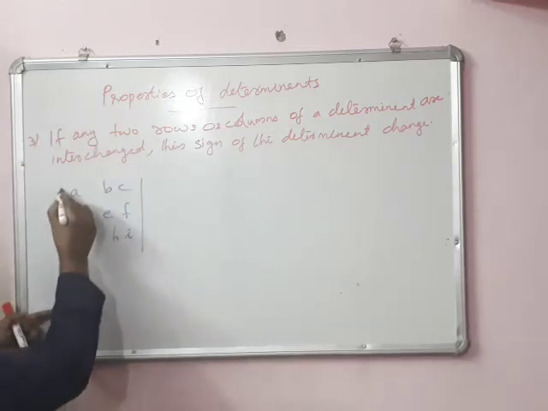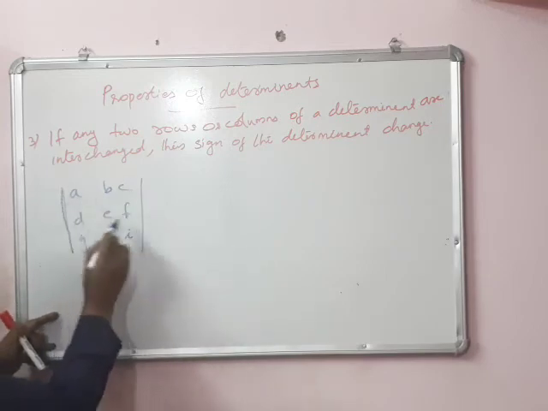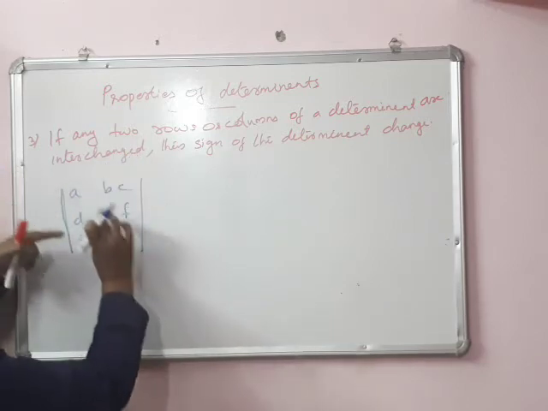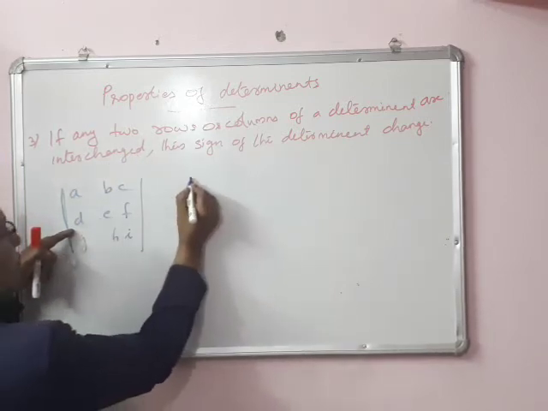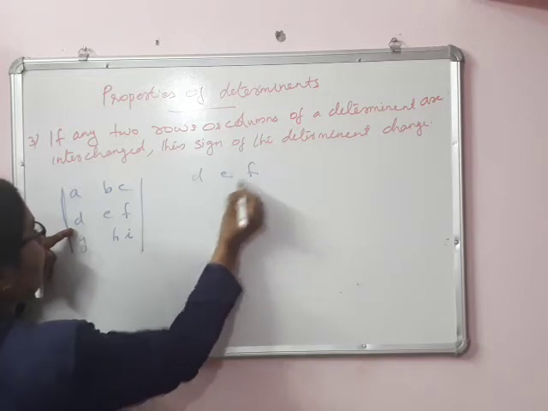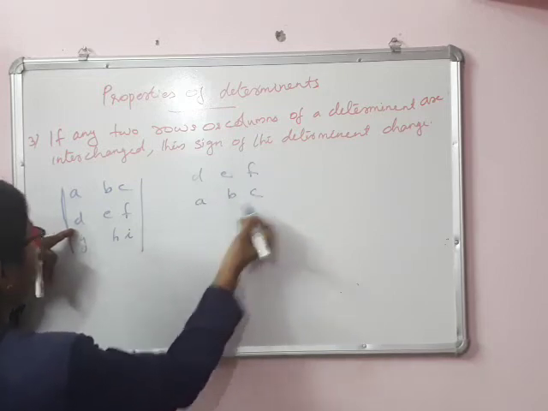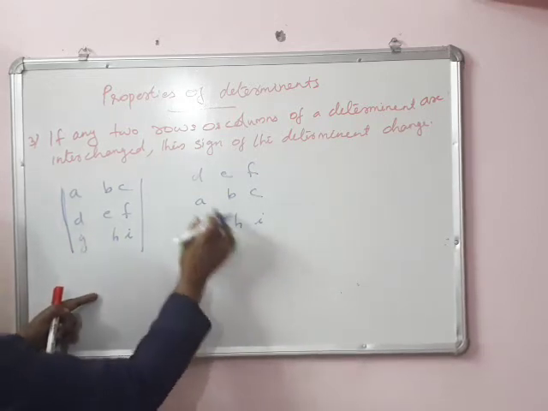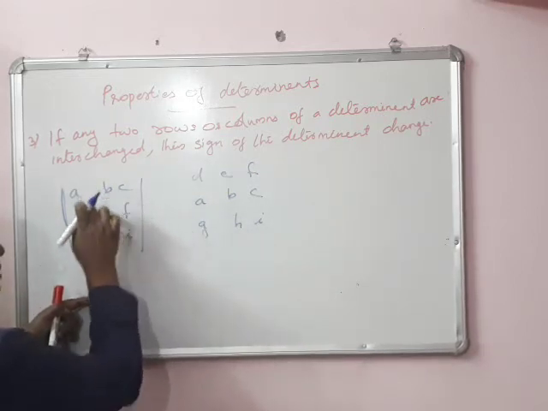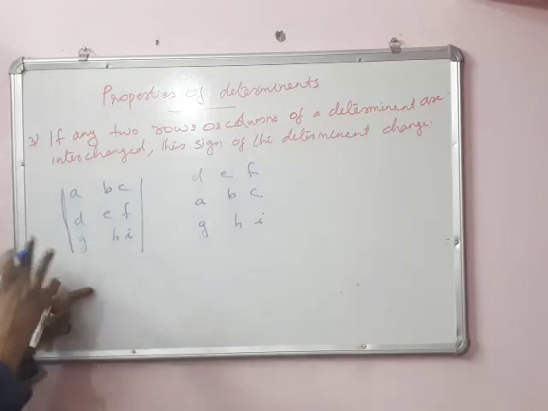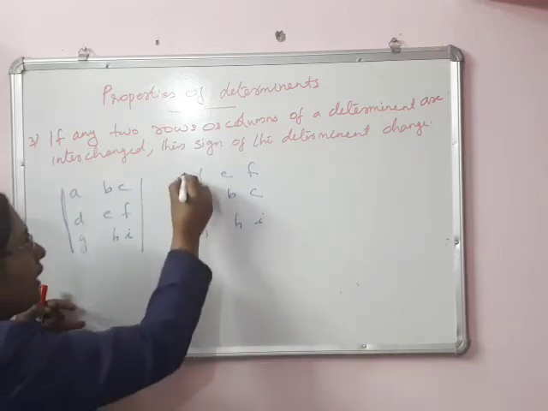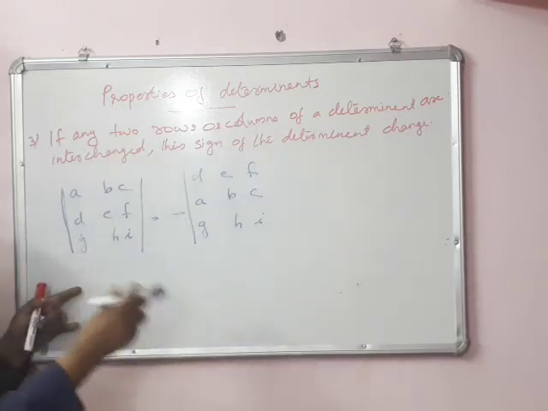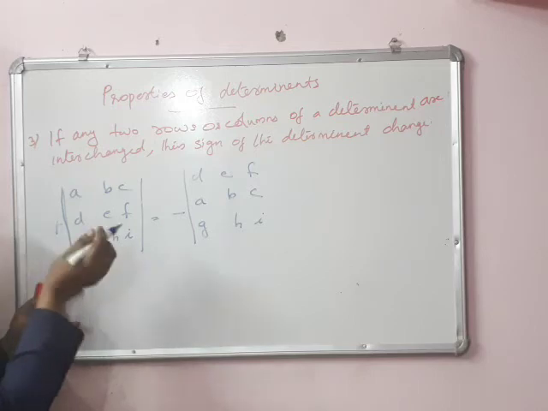Here I selected one determinant A, B, C, D, E, F, G, H, I. Then two rows are interchanged, suppose D, E, F and A, B, C, then G, H, I with no change. This is D, E, F and A, B, C interchanged. Then the result becomes negative, minus, because this one was positive, already given as a positive one.